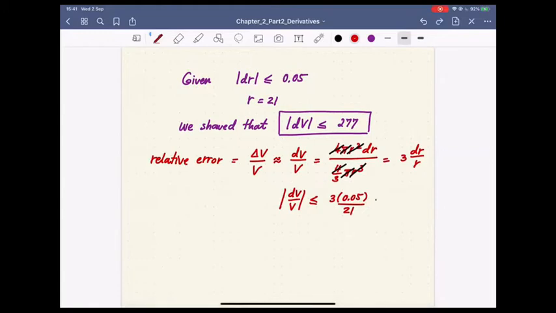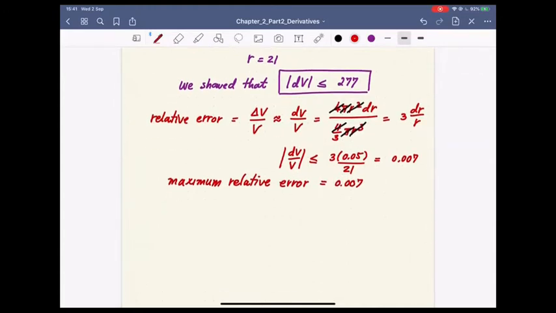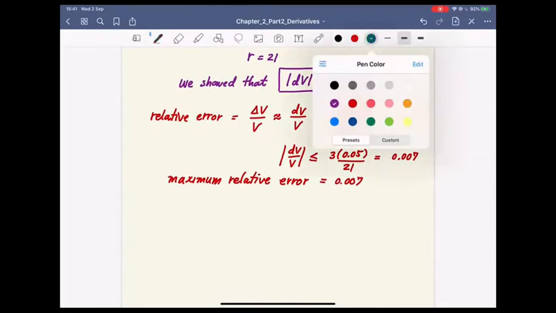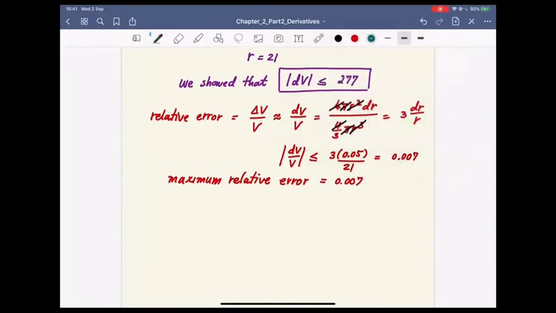When I compute this number, it is 0.007. That means the maximum relative error is going to be 0.007. Relative error gives us a sense of how the volume changes compared to the original volume.